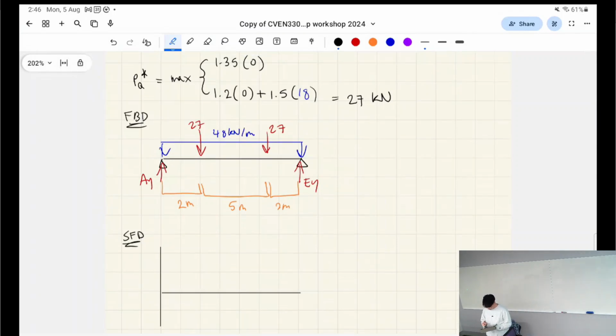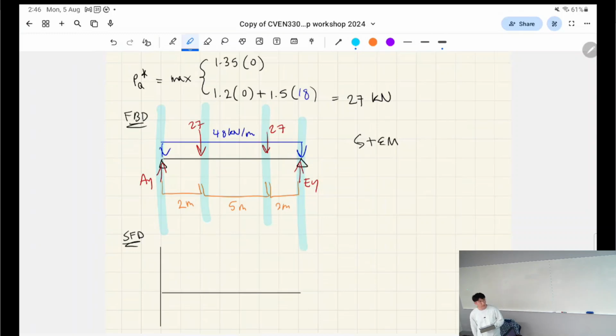Oh, sorry. Let's calculate the support reactions. We take the sum of the moments, and if we take the sum of the moments at A, we're going to be solving for EY, because the lever arm, here are the lines of action which extend infinitely in both directions of all of the forces.